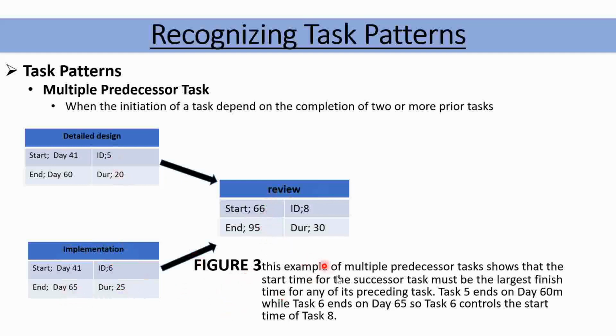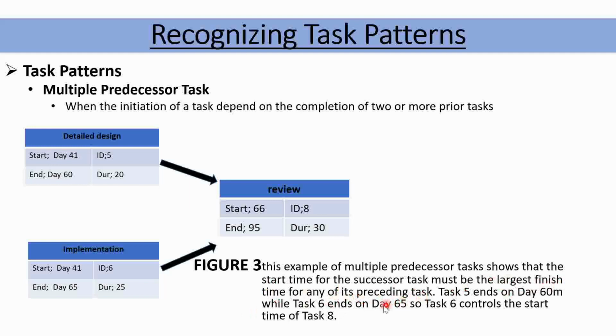Figure 3. This example of multiple predecessor tasks shows that the start time for the successor task must be the largest finish time for any of its preceding task. You see, the start time for the successor task must be the largest finishing time for any of its preceding task.